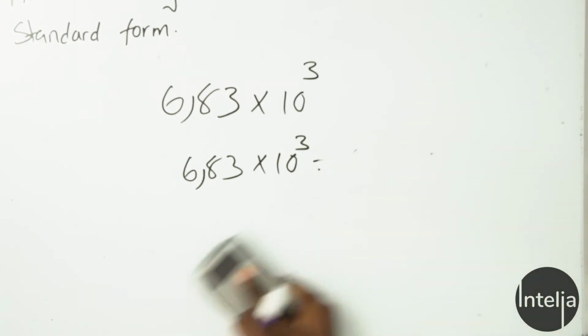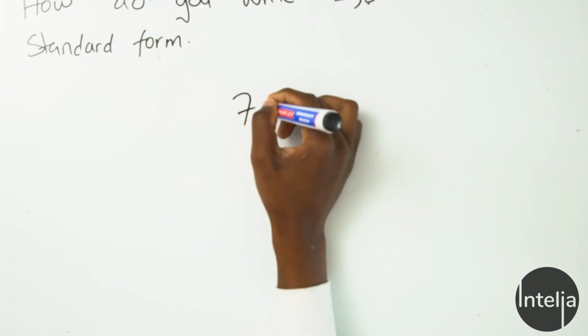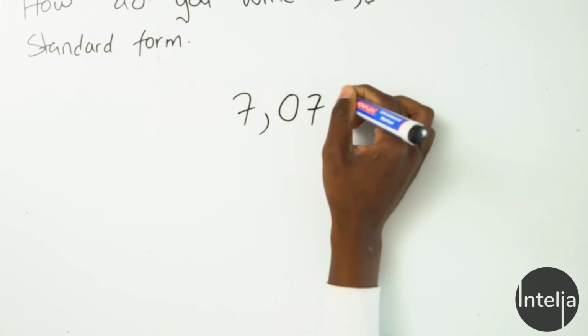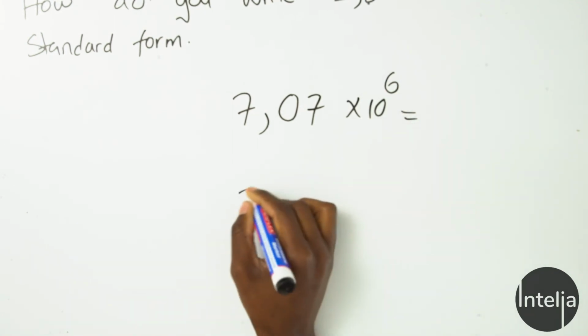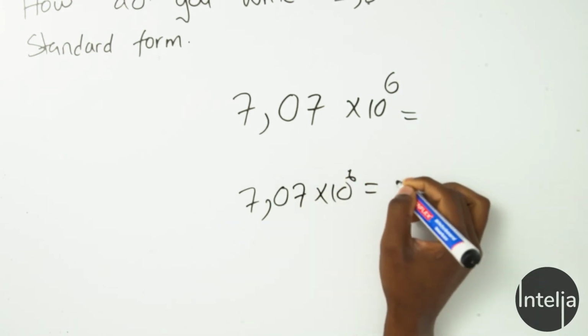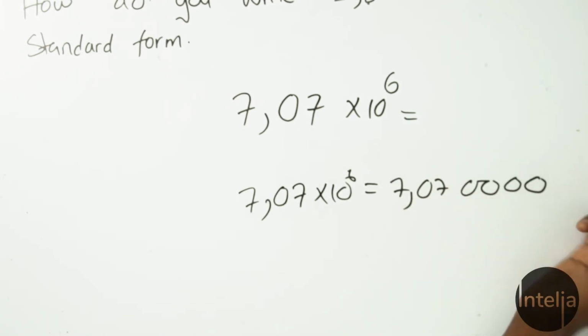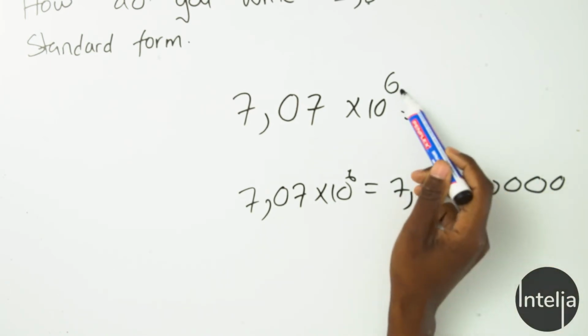Let me give you another example. We have a question like 7,07 times 10 to the power 6. So you say 7,07 times 10 to the power 6 is equal to 7,07, then you add your zeros, at least 5 zeros, and then you count how many decimal places to the right, which is to the power 6.